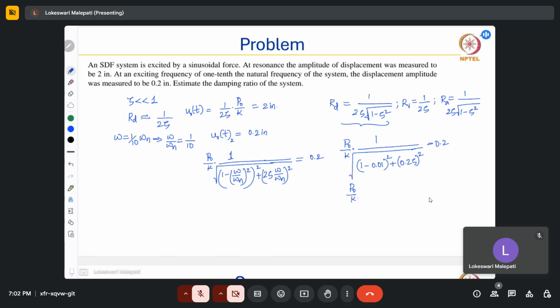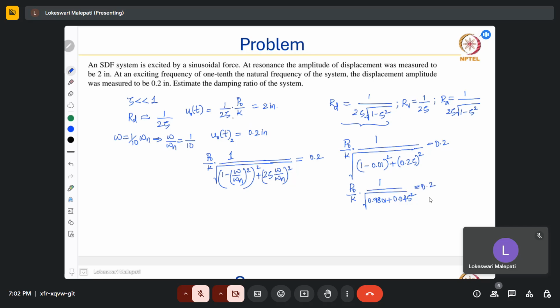So this will come out as 1 by square root of 0.9801 plus 0.04 zeta square, equal to 0.2.